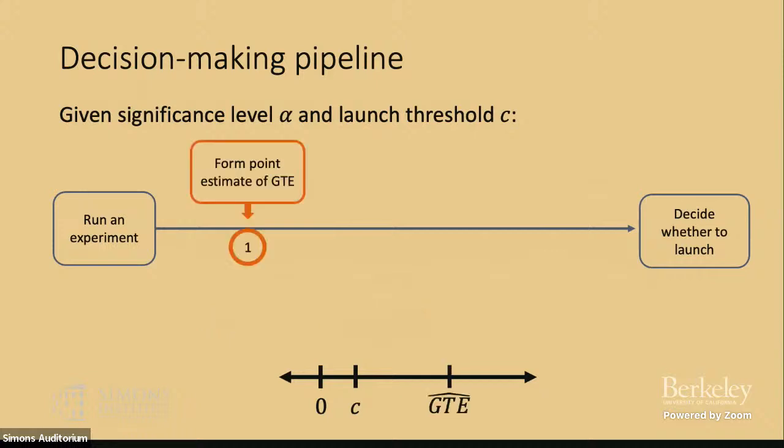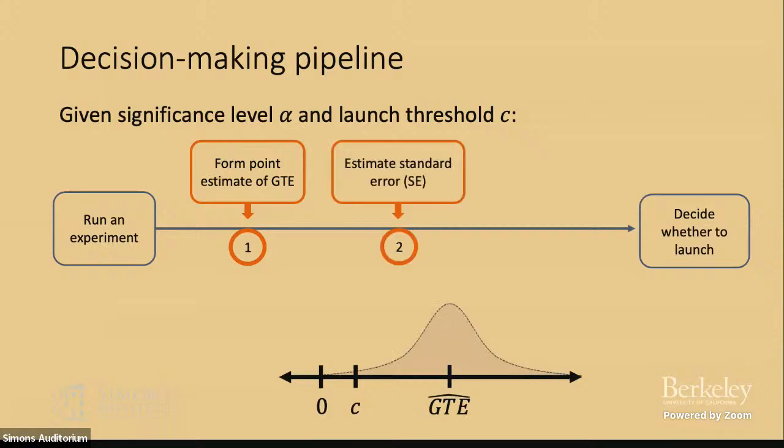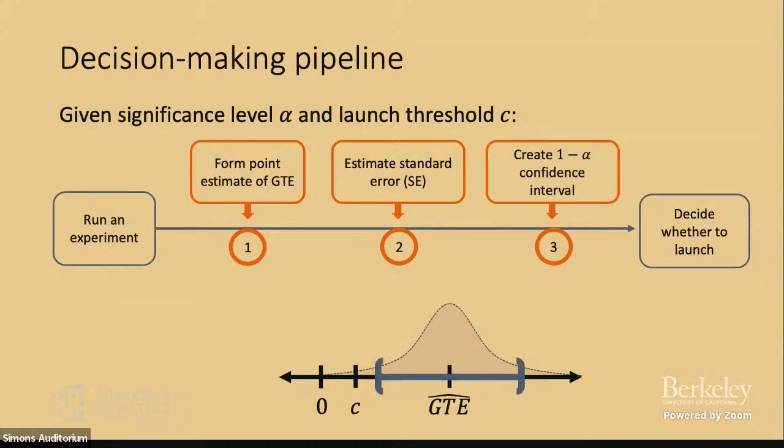So you run an experiment, and from the outcomes, you come to a point estimate of your global treatment effect. Then you estimate the standard error of this global treatment effect estimator, trying to understand the distribution that it's coming from. From the standard error estimate, you then create your confidence interval. In this case, it would be a 95% confidence interval if alpha equals 0.05.